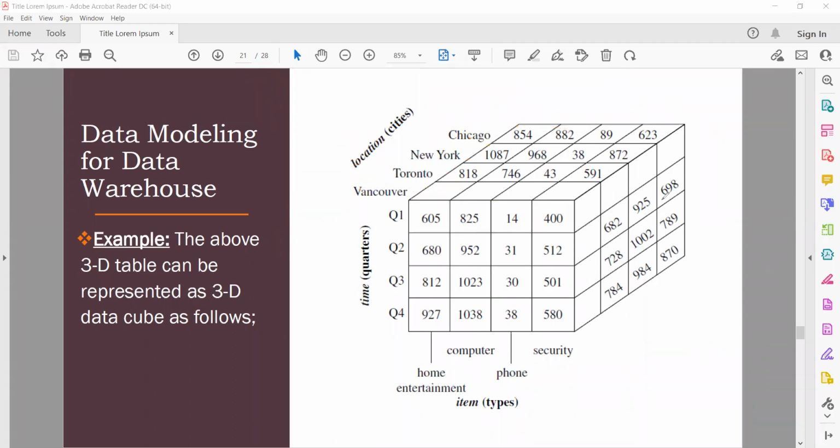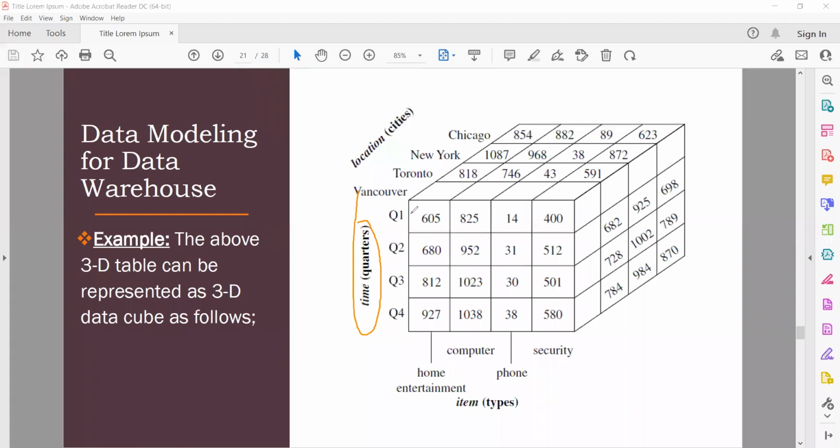That is called roll up. Okay. Someone tell me how you can minimize this time. This is a time, no. Initially we have 4 rows. Each row is 1 quarter. It's January to March, April to June, July to September, October to December.